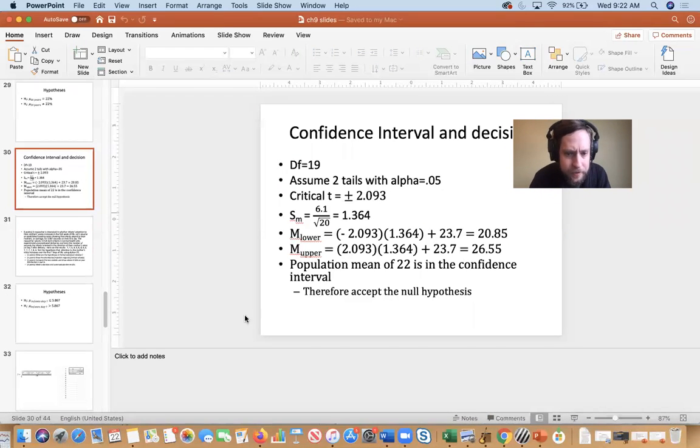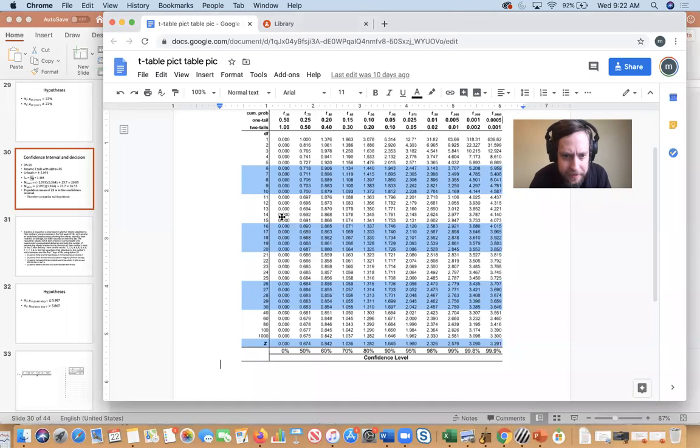Good, got it right. Once again, I did that quickly. Degrees of freedom equals 19 is right there. Two tails is this bottom row, 0.05 is right there. Go to where 19 and that intersect, and right here it says 2.093. This is our critical t for this comparison.